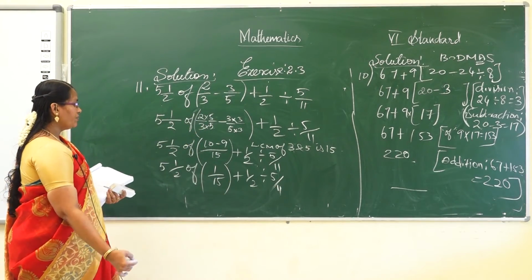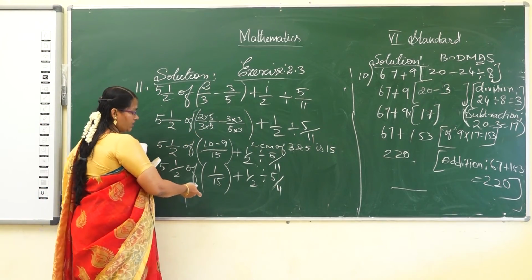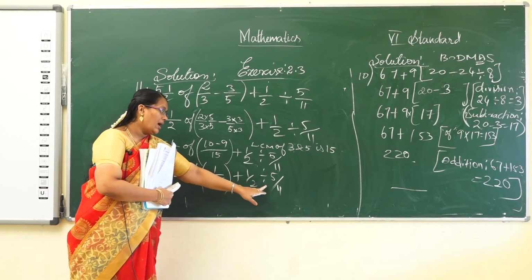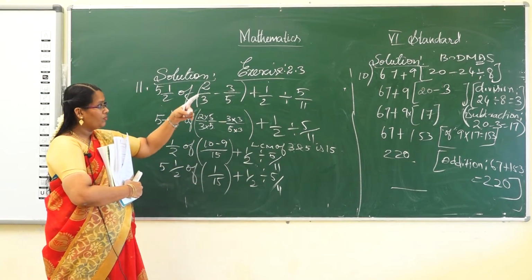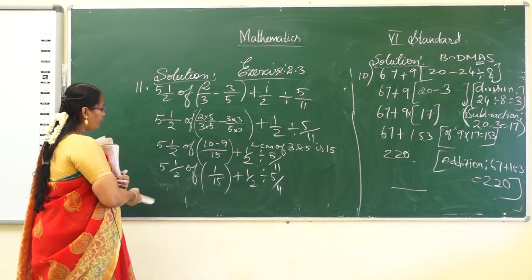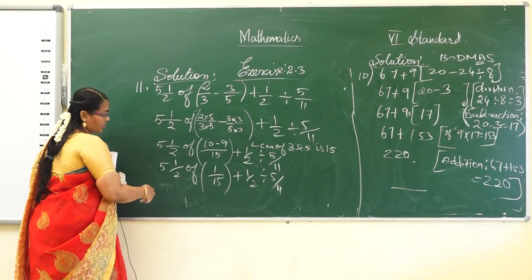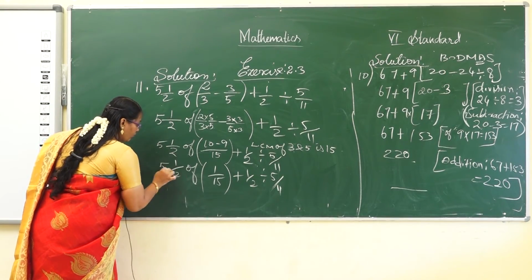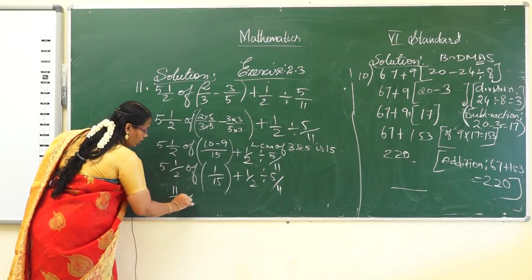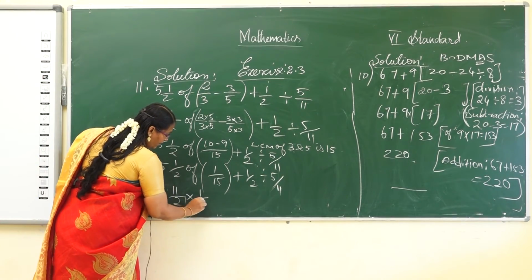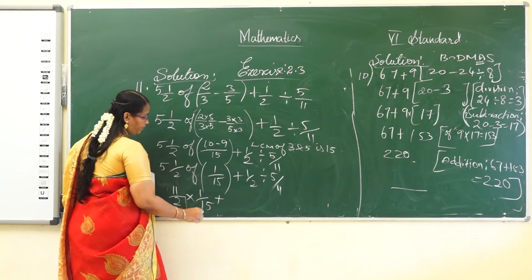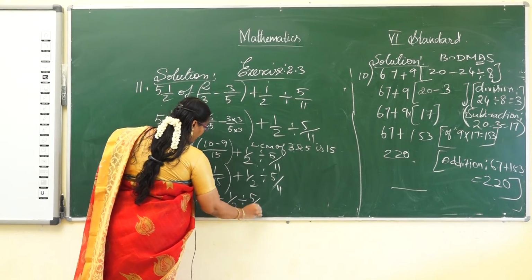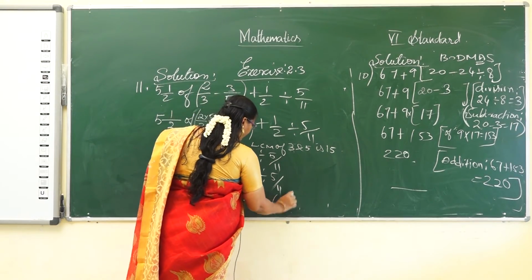Now, which symbols are involved in this problem? Of, addition and division. By the BODMAS rule, first refer to the of. Here a mixed fraction is given, so change it to an improper fraction. 2 5s are 10 plus 1, 11 by 2 of, multiplication of 1 by 15, plus 1 by 2 divided by 5 by 11.